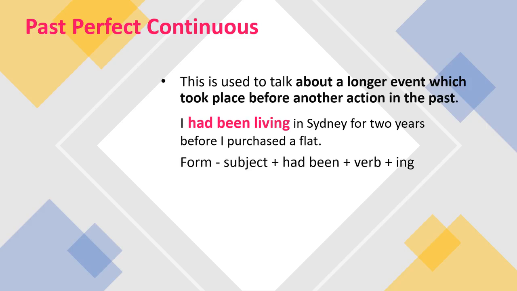So I had been living for 2 years. On the timeline, we can see the time you were living in Sydney before you purchased a flat. The form is subject plus had been plus verb plus ing form. So in this case, we use past perfect continuous tense.